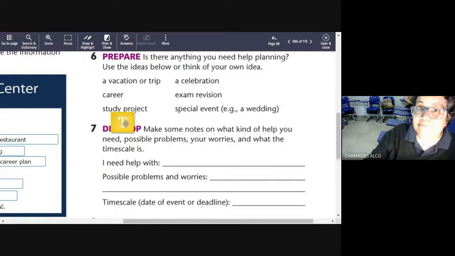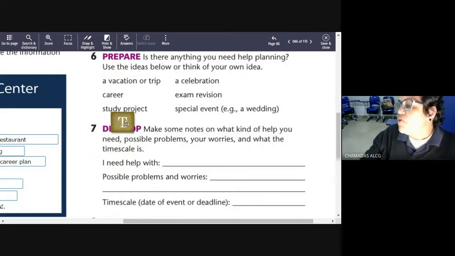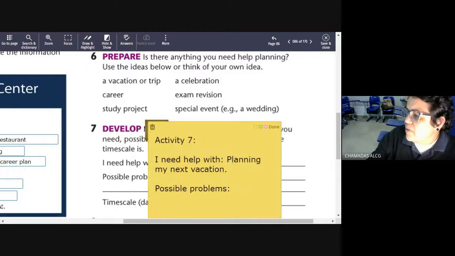High summer. So it's high season, we call it, right? Usually tickets are very expensive. So we can write it down there.